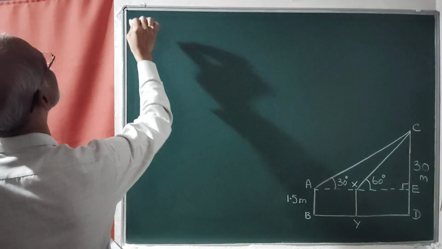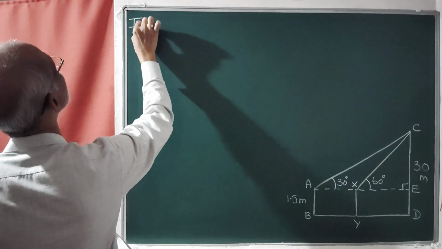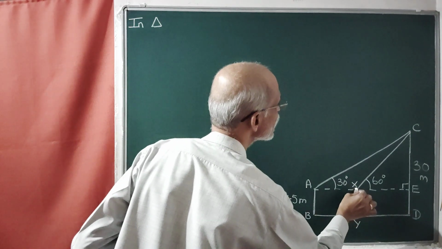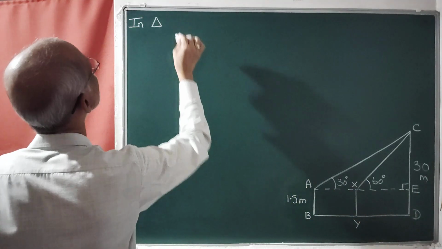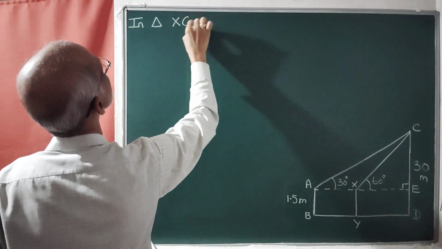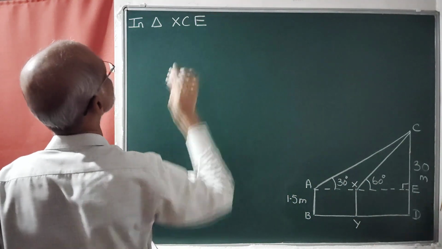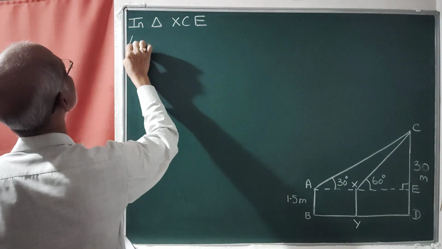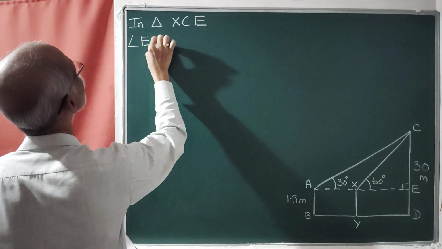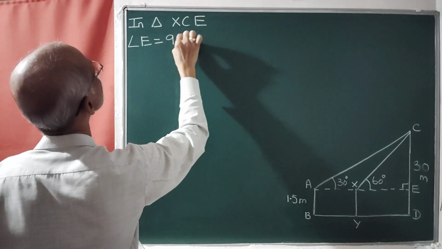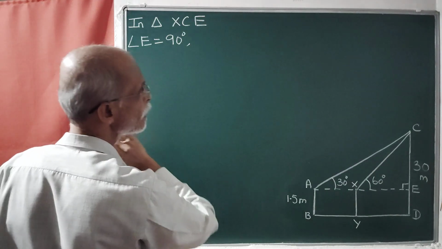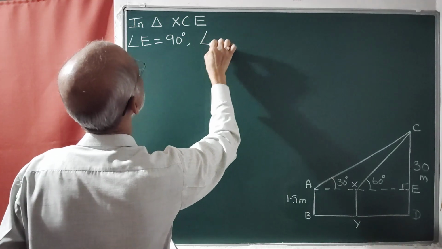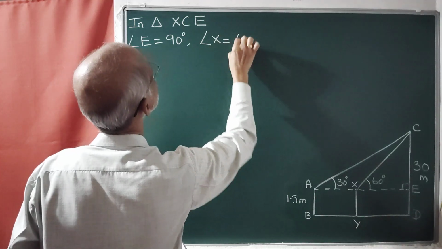Now in triangle XCE, small triangle XCE, angle E is equal to 90 degrees. Angle X is equal to 60 degrees.